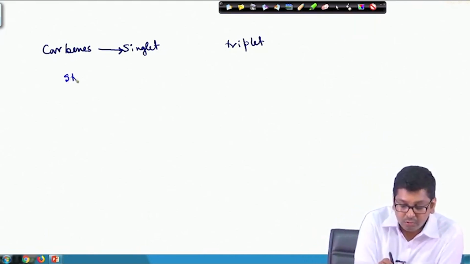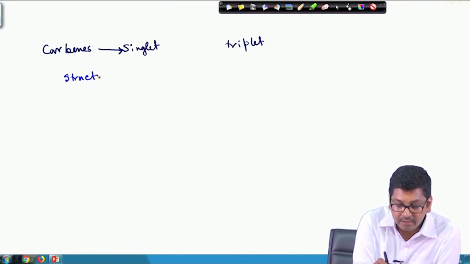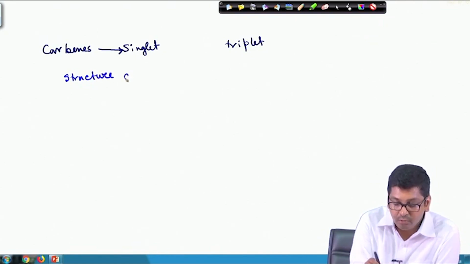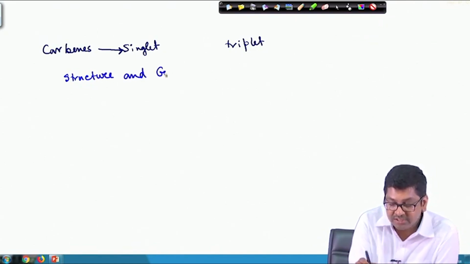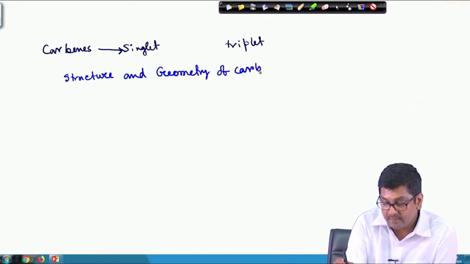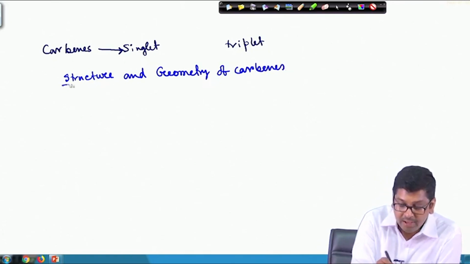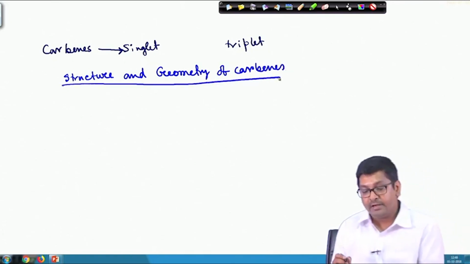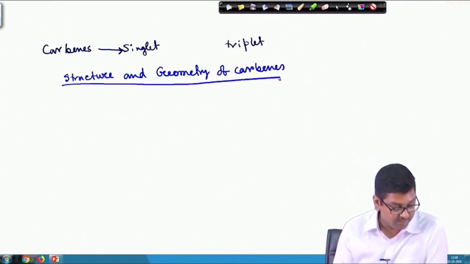Today in this lecture we will learn the structure and geometry of carbenes. We have already started this a little bit in the last class, and we will continue that.